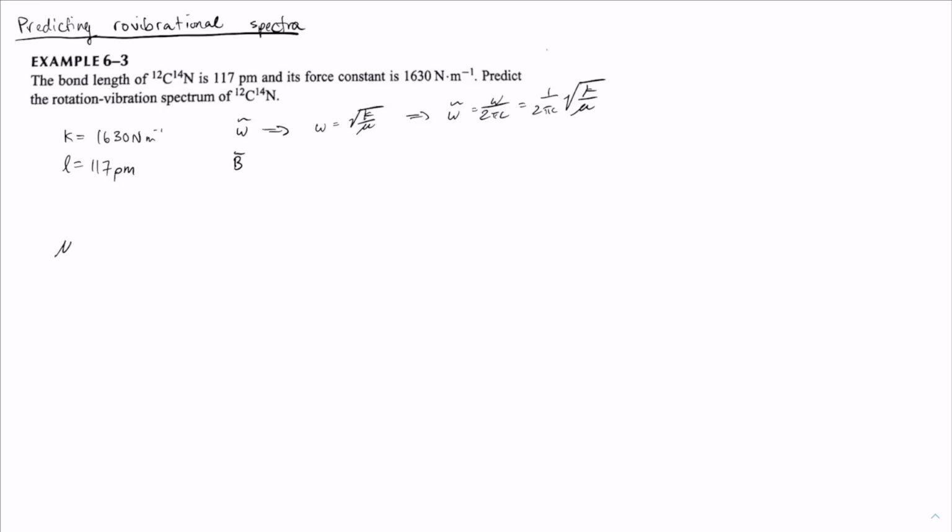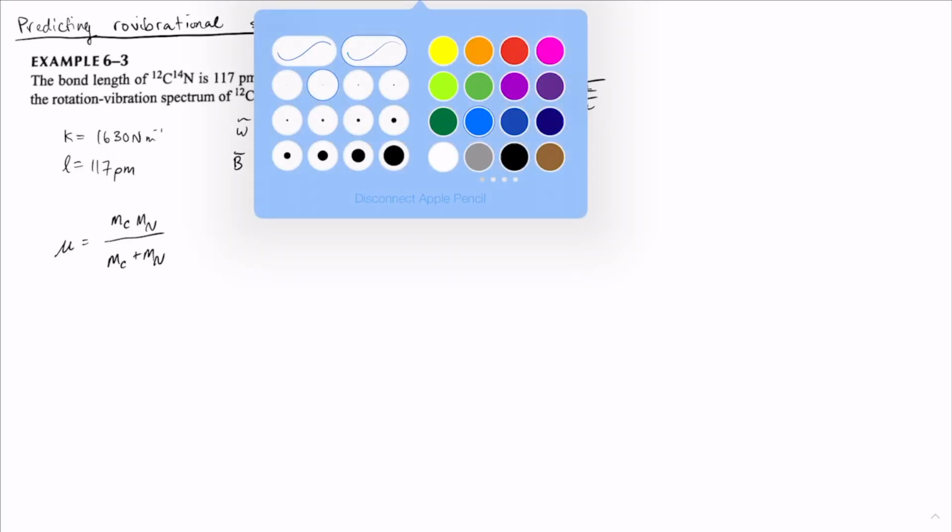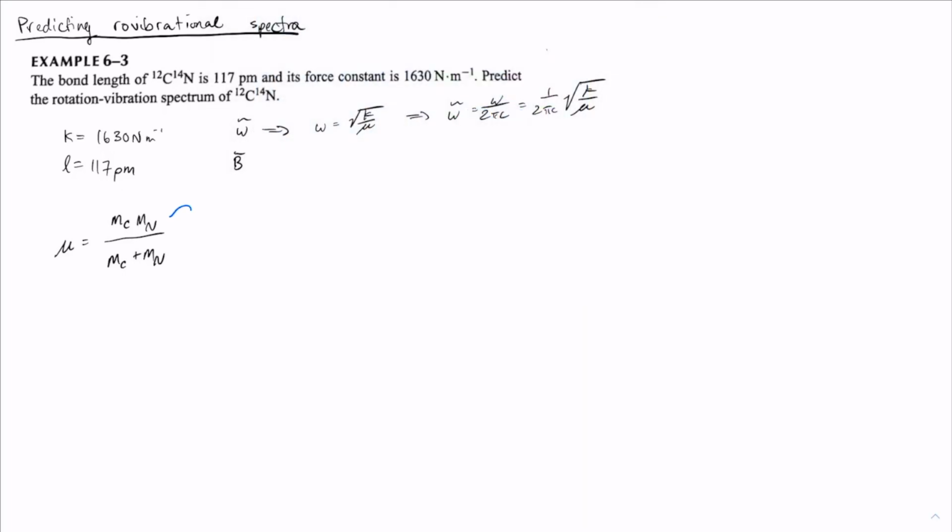Okay, and mu, for these two masses of carbon and nitrogen, will be given by the mass of carbon times the mass of nitrogen divided by the mass of carbon plus the mass of nitrogen. Here Mn is the mass of nitrogen and Mc is the mass of carbon.